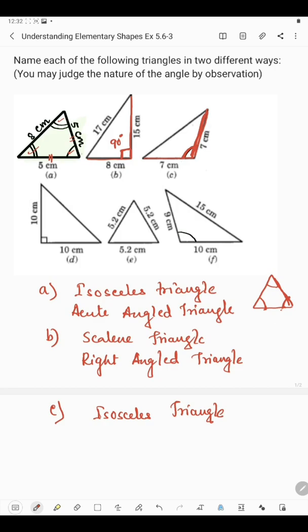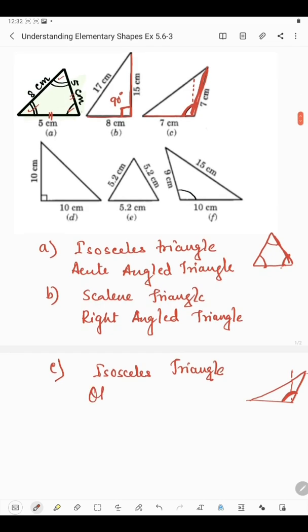Because if you consider this as 90 degrees, this is going beyond 90 degrees. Since it is going beyond 90 degrees, this angle is obtuse, more than 90 degrees. And if in a triangle one angle is more than 90 degrees, then it is said to be an obtuse angle triangle.